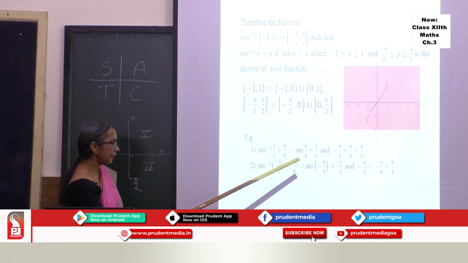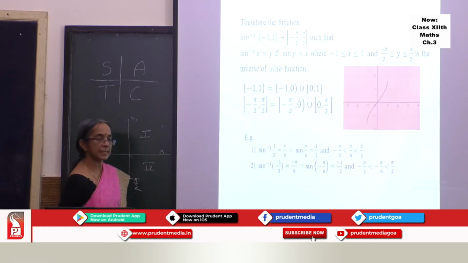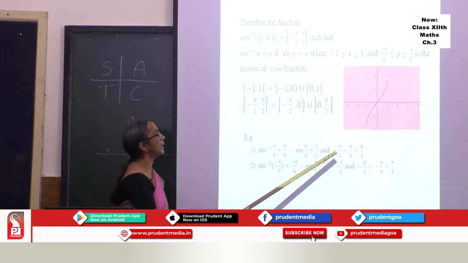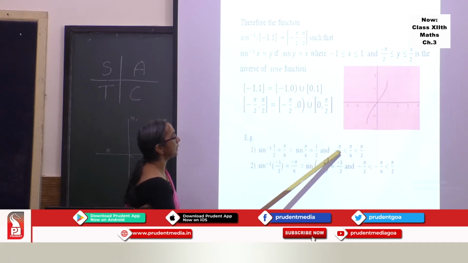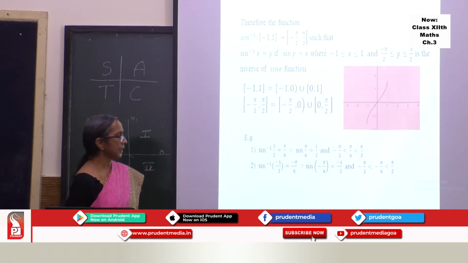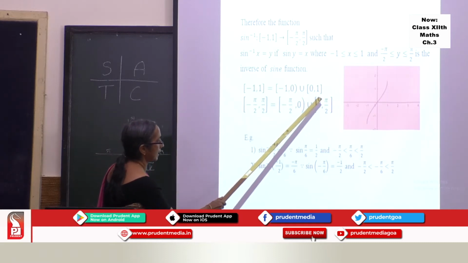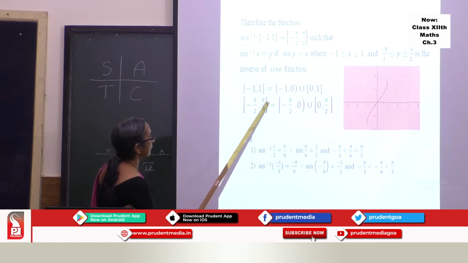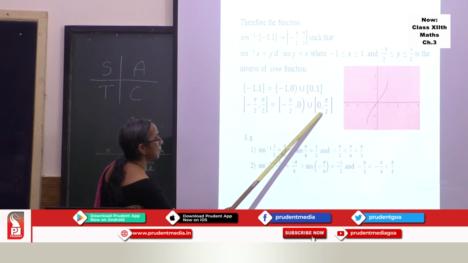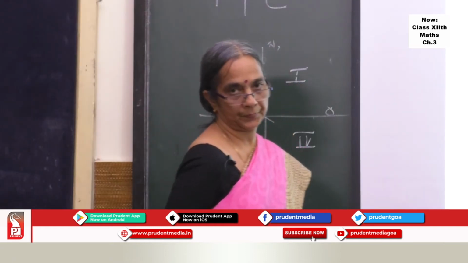Why? Because sine pi by 6 is equal to half. Not only that, pi by 6 is in the interval minus pi by 2 and pi by 2. It is in the interval 0 to pi by 2.